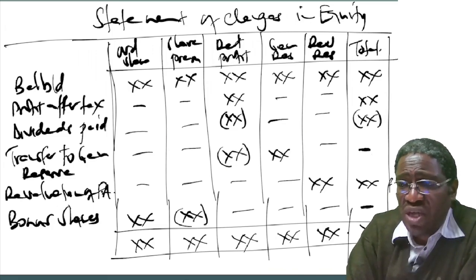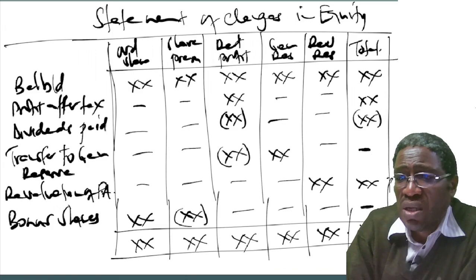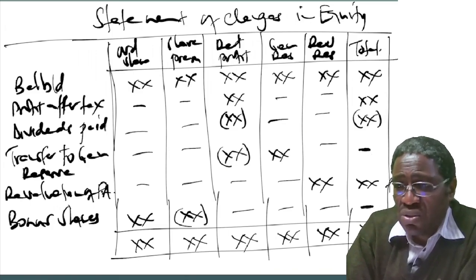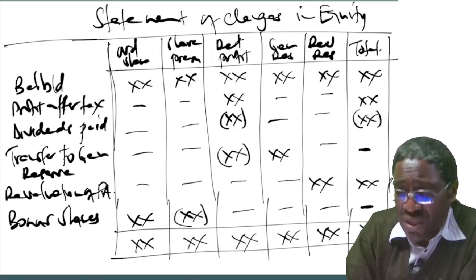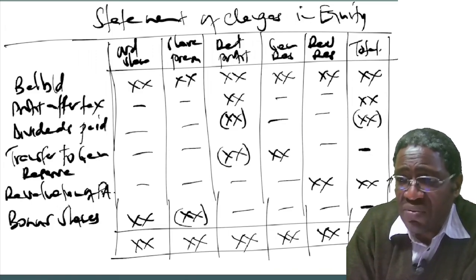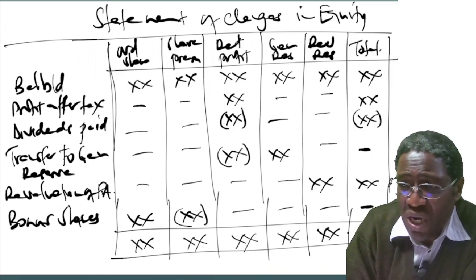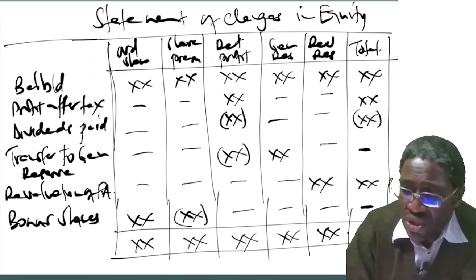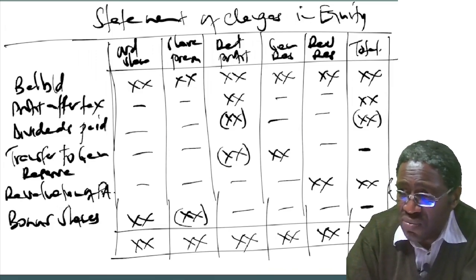We have assumed there are five components: ordinary share capital, share premium, general reserve, retained profit, and then finally a column for revaluation. Then you have another column for the totals.